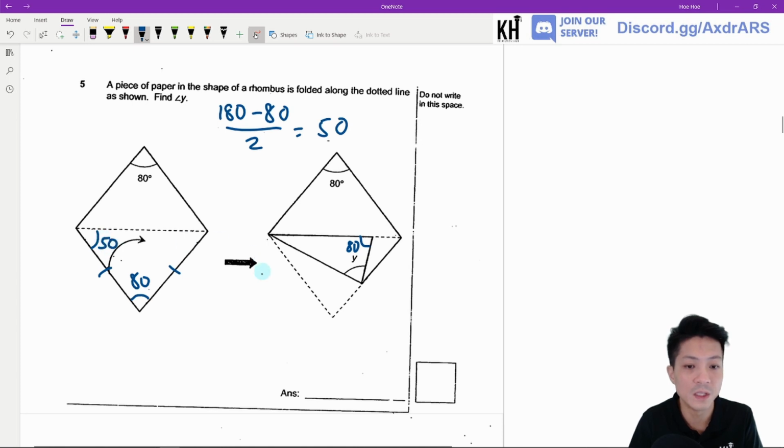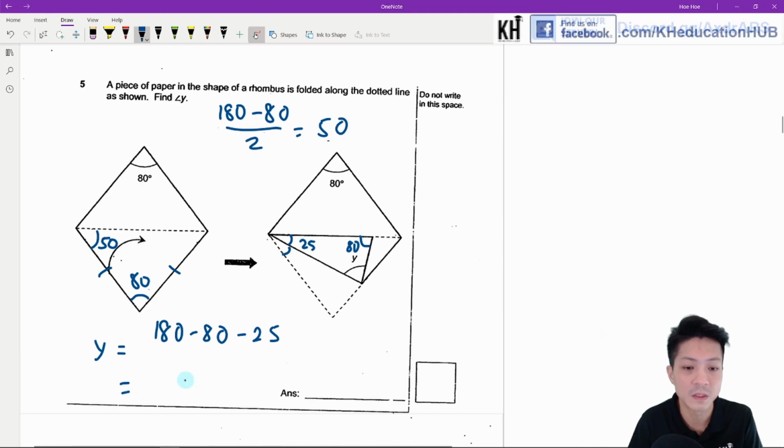When you fold it up, these two angles will become the same, which means that 50 divided by 2 is 25. To find angle Y, I just need to use 180 minus 80 minus 25. That's going to give me 75 degrees.